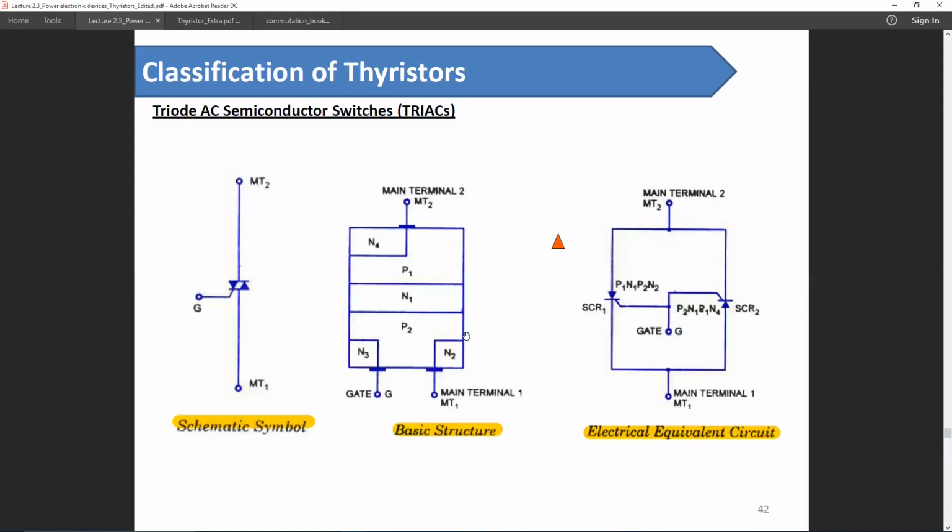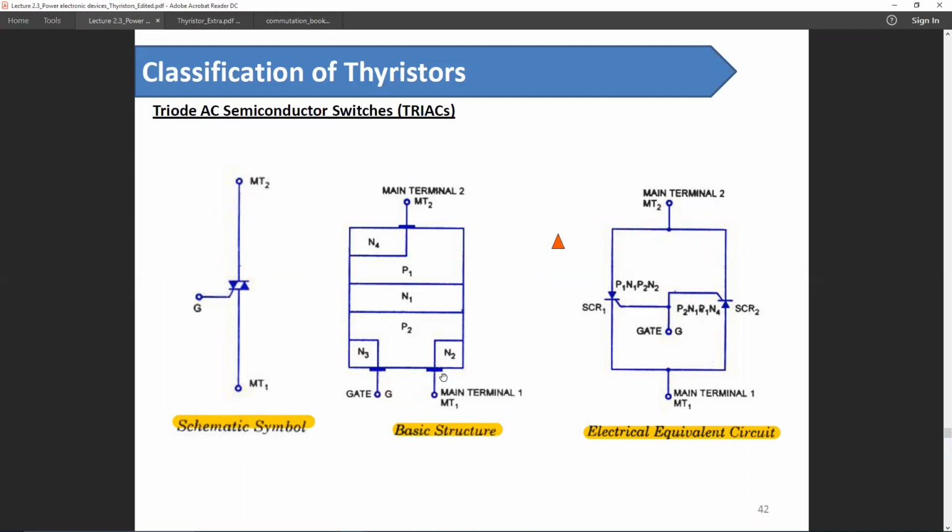So this is the basic structure of a common triac. This can be set up in various ways, but this is a common structure. There are two terminals called terminal 2 and terminal 1, and another terminal is the control terminal, which is the gate.